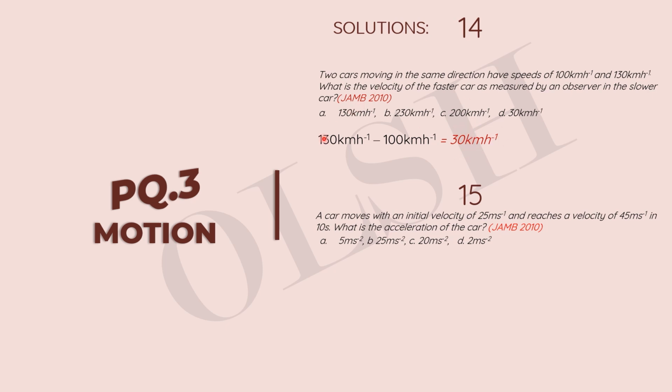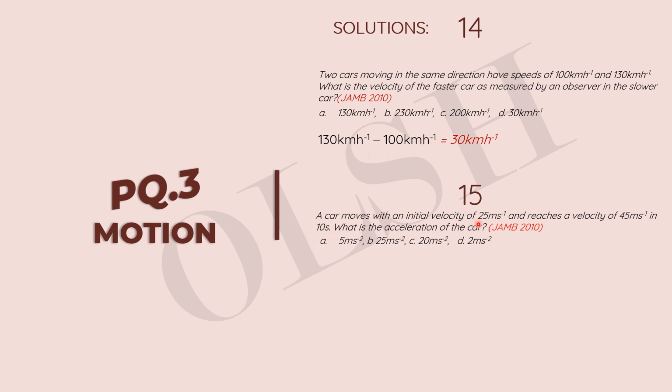Because the faster car is moving at 130 km per hour, but the observer is already moving at 100 km per hour. So if this is his frame of reference, of course he's not going to be seeing this moving at 130. He's going to be seeing this moving at 30 km per hour because he is already 100 km per hour fast.